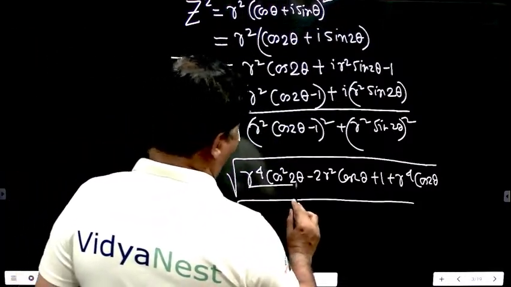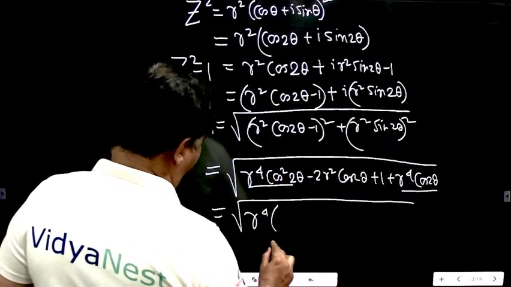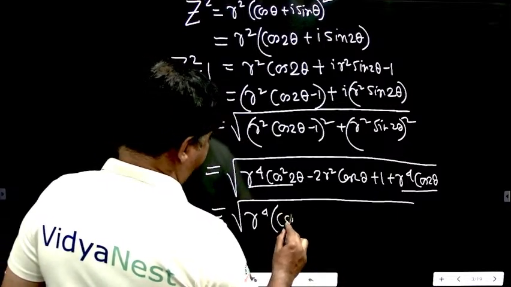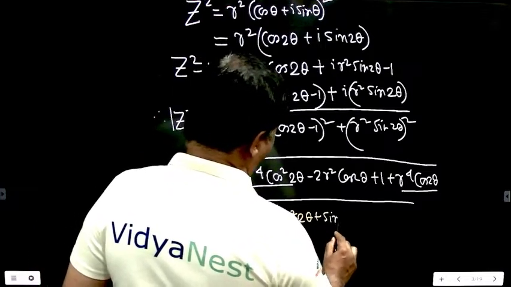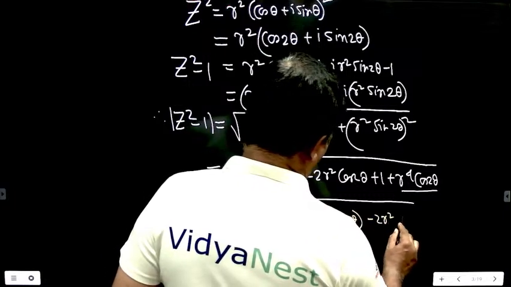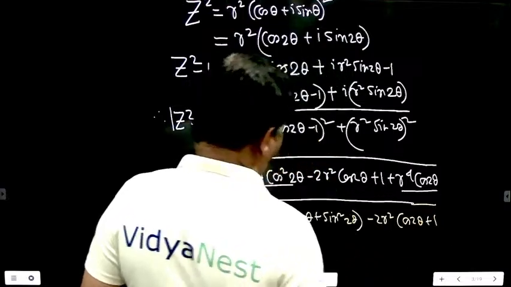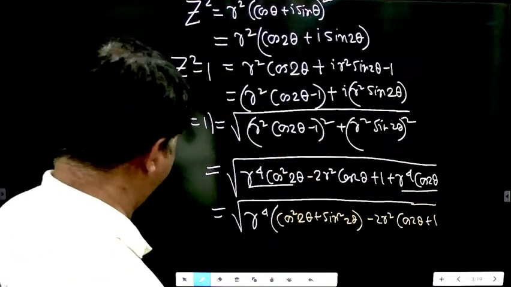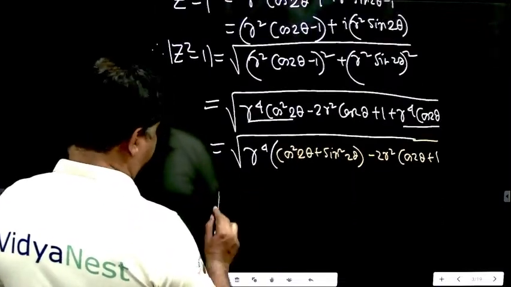If I club these two together in bracket, what will be left? Separately, this will give you 1.